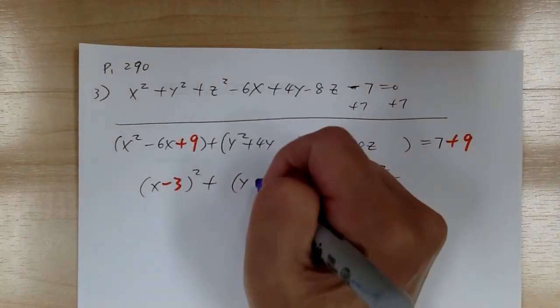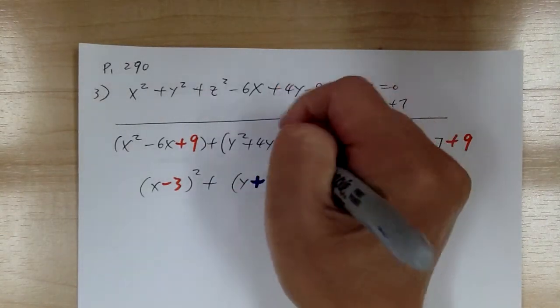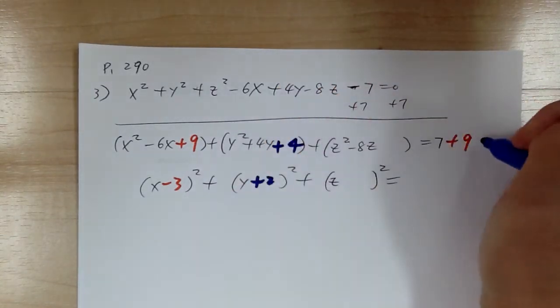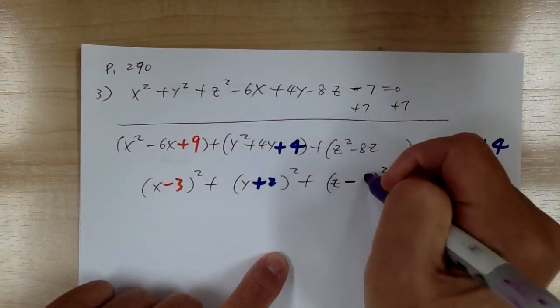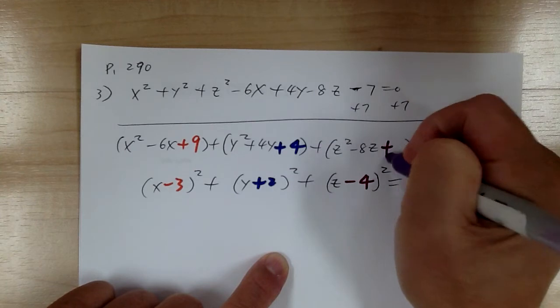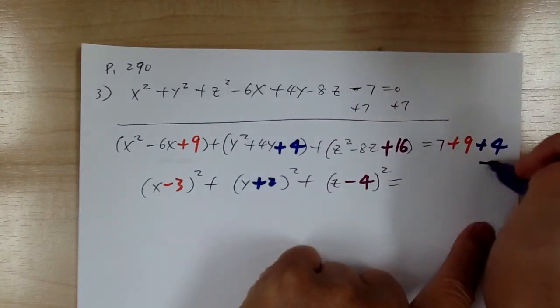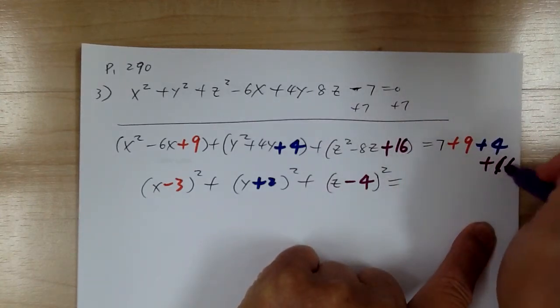And then from here you need to get plus 2, so you get plus 4. And then from here you need to get minus 4, so you need to add 16. So plus 16.